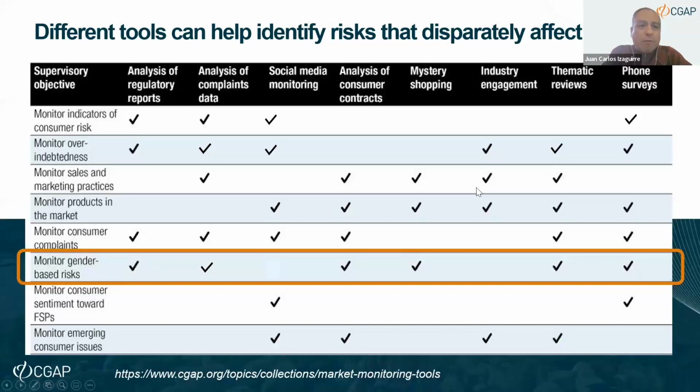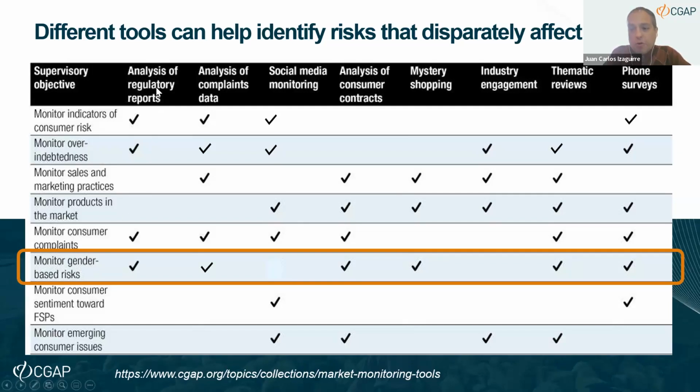And what are some examples of tools? These are some of the key tools that we have emphasized in our research. And a subset of all these tools are especially useful to monitor risks and identify those that disparately affect women.